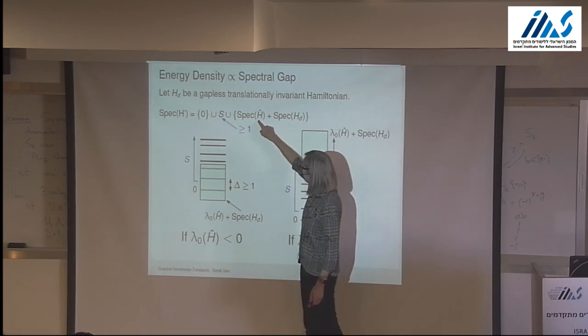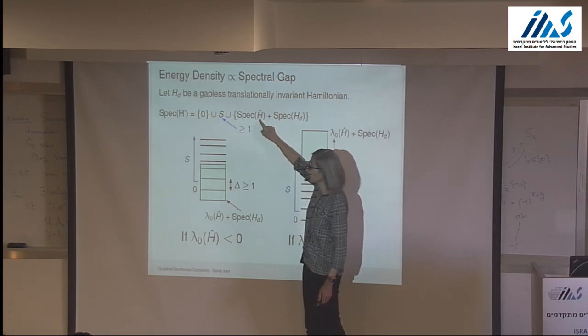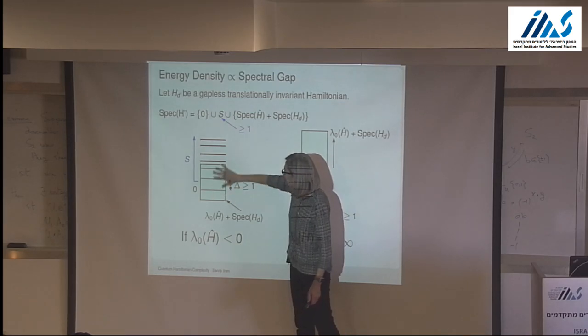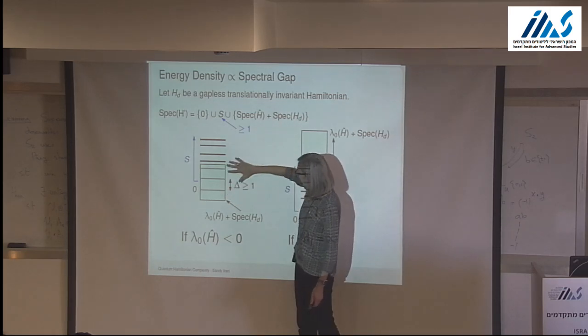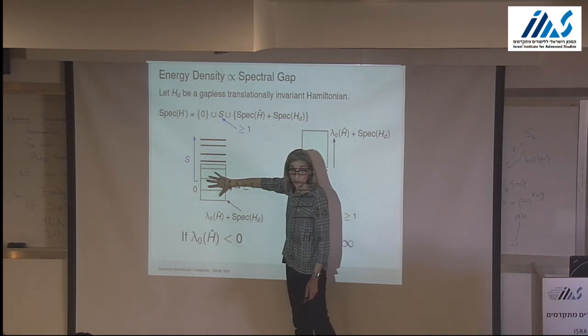Now if the smallest energy density here is less than 0, then that means that this spectrum covers the 0 point, and it's all continuous here. So I'm taking this infinite continuous spectrum and placing it right here, covering the 0 point, which means it's not gapped.